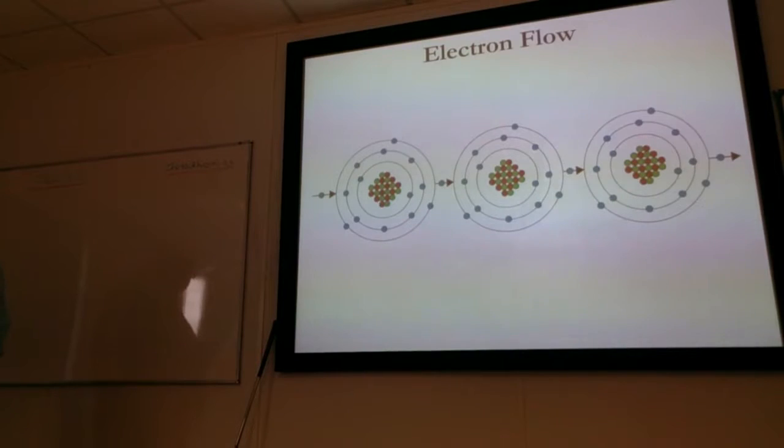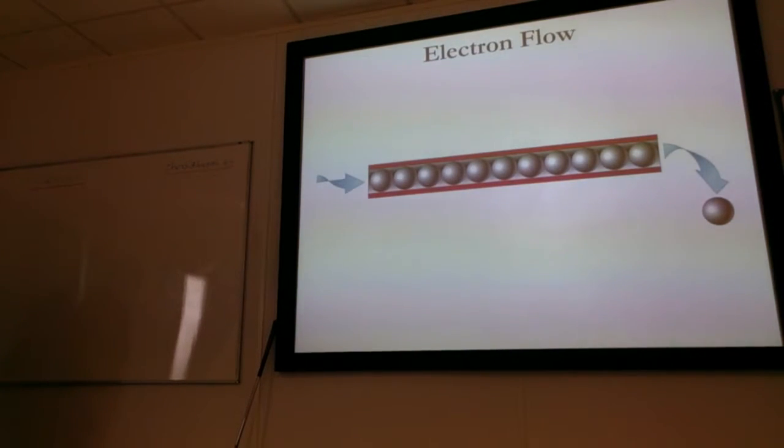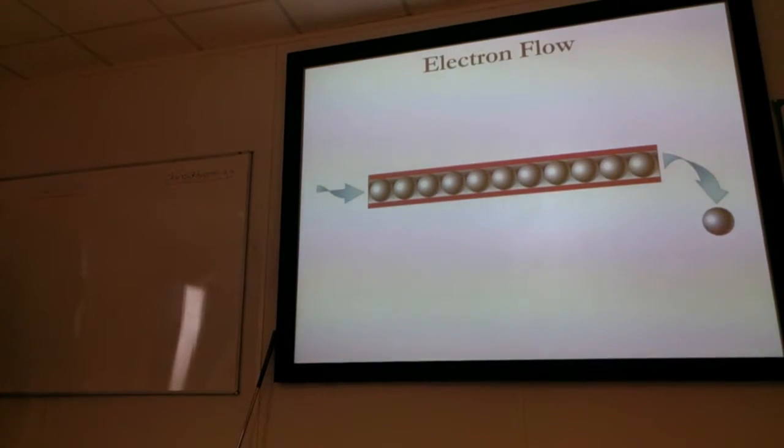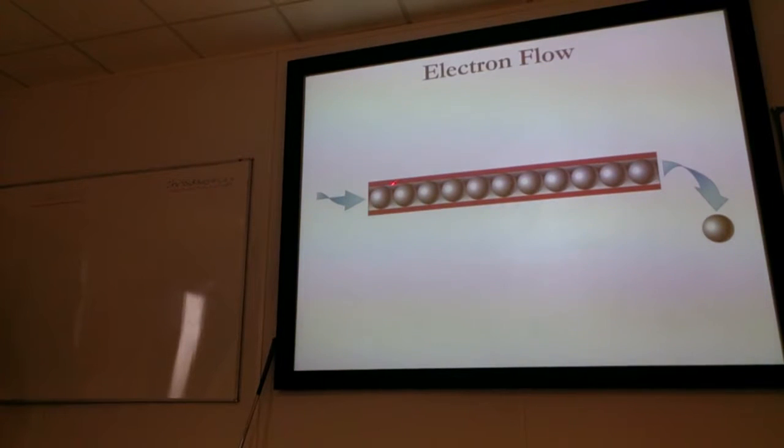Now, when we push these in from one to another, the analogy we can use is perhaps this one, of ball bearings in a pipe. If we push a ball bearing in this end of the pipe, another one has to come out that end straight away. There's no alternative, is there? It has to happen. Or water in a hose. If you turn the tap on, the water coming in this end forces the water already in the tube out. It has to flow.